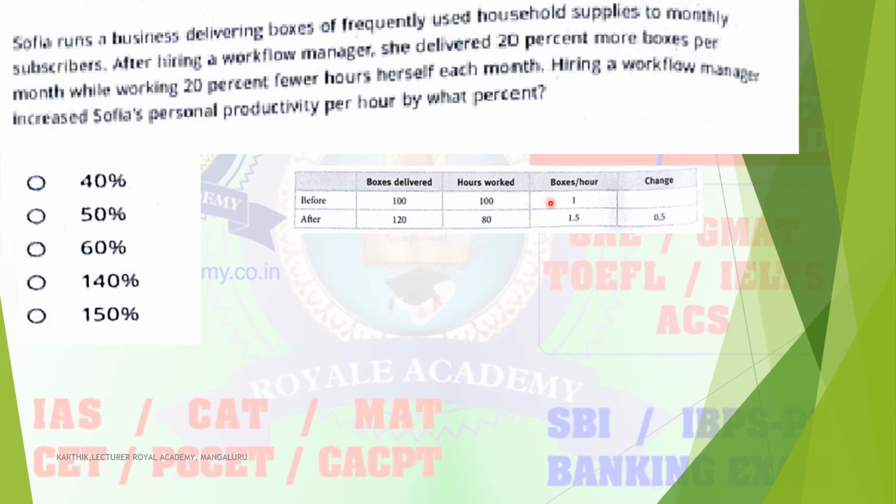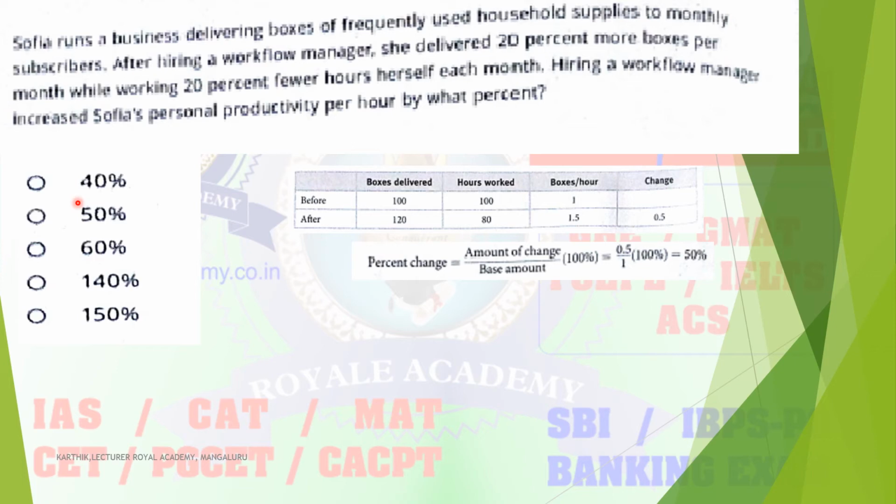Then you have to find out the boxes per hour, that is 120 divided by 80, which is 1.5. Okay, so the difference you have to find out, 1.5 minus 1, the change in difference is 0.5. So the percentage change is 0.5 divided by 1 into 100, that is nothing but 50%. 50% is the change.